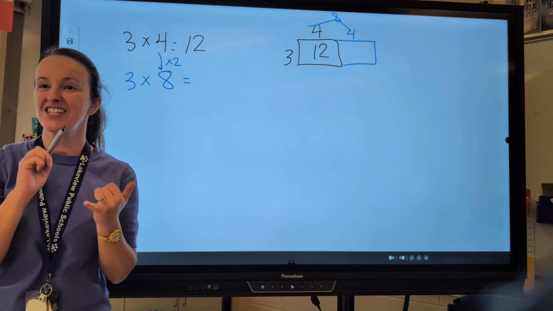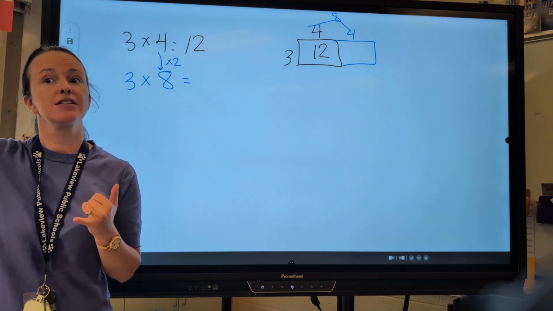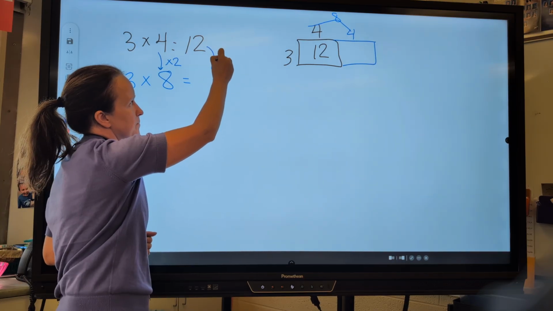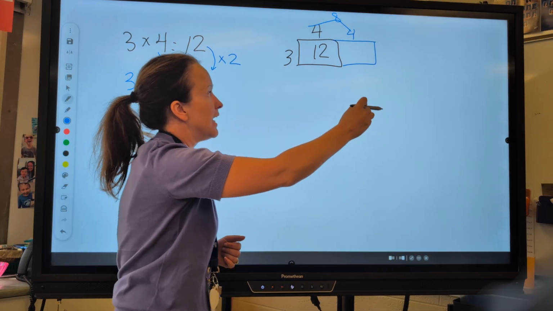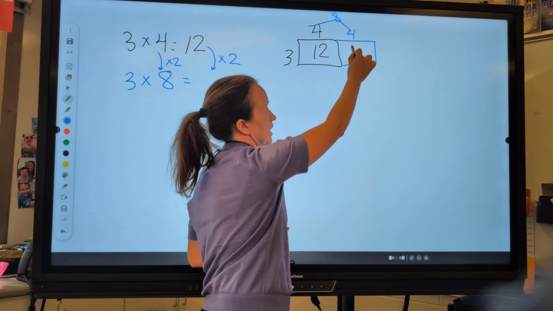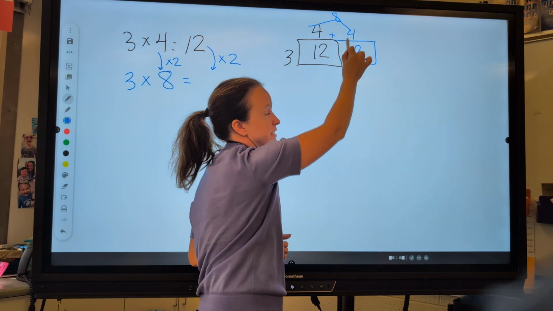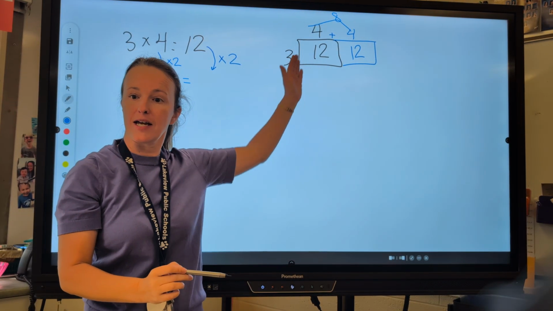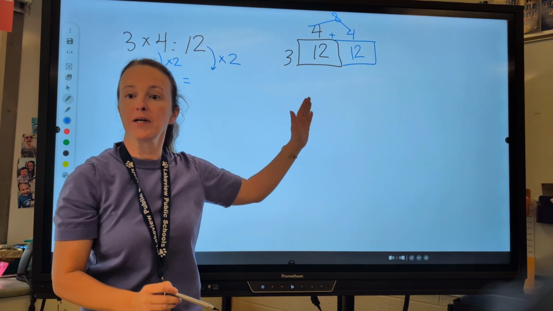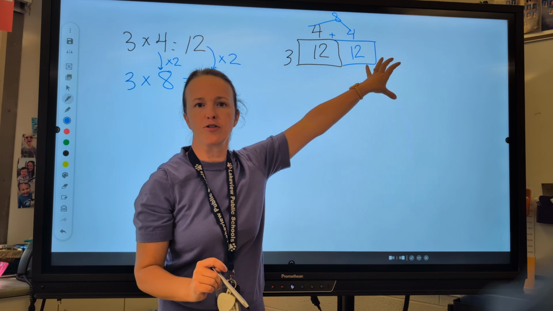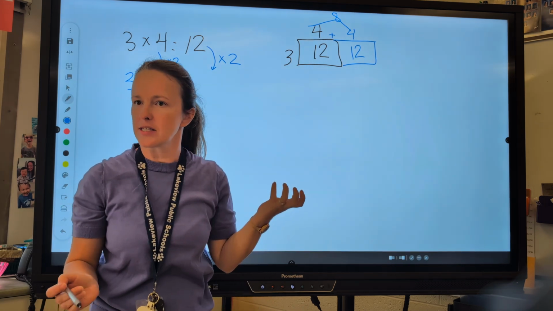If the factor doubles, the product doubles. Yes. There you go. Because it's like I'm doing another 12 here because 4 and 4 is 8. The 3 stayed the same. So you should be looking at this model and noticing, oh yeah, it would just be another rectangle that's the same amount.